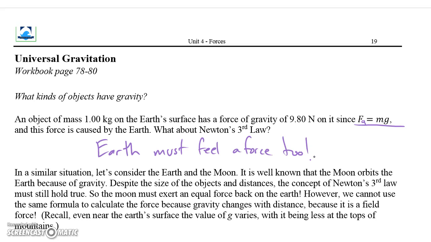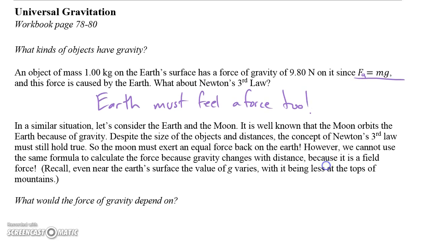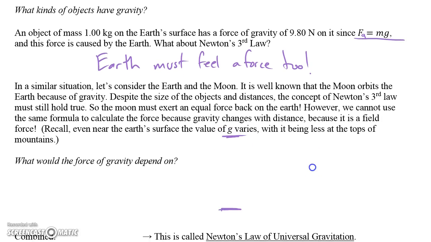So how can we calculate these kinds of things? All we know is that Fg is mg, but that only works on the surface of the Earth because g varies, it changes. And that's something we need to fix.